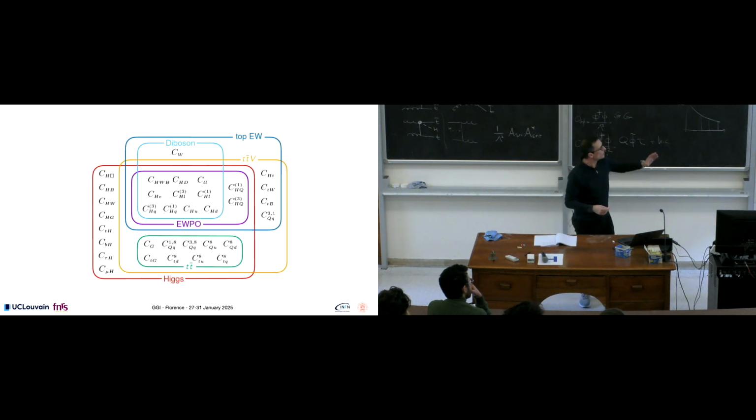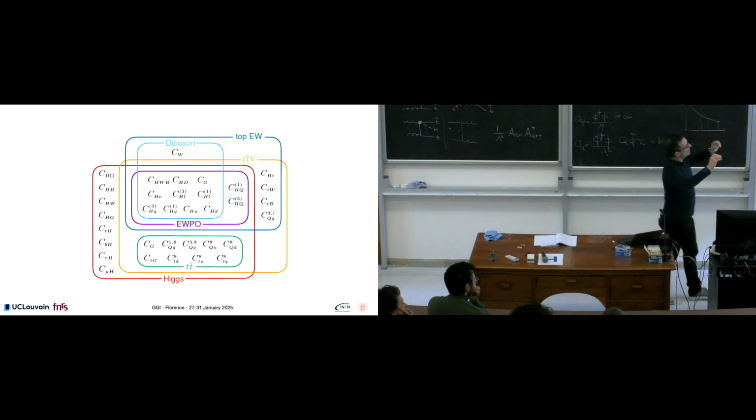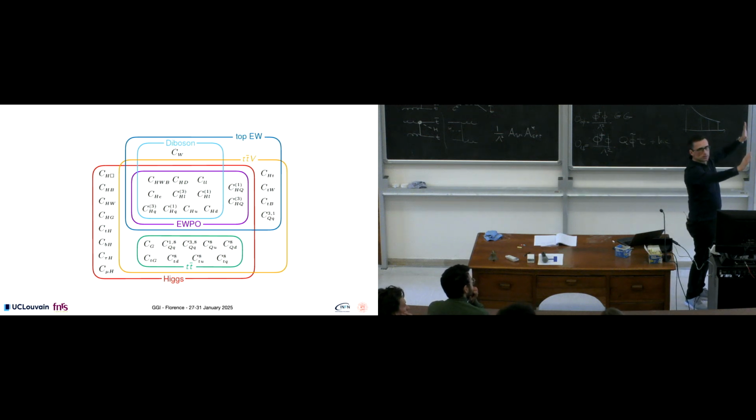So at the end, what you do is build a map of operators which enter in various processes. For example, the coefficients that we were discussing are here, and are related to the Higgs, so are in the Higgs box.